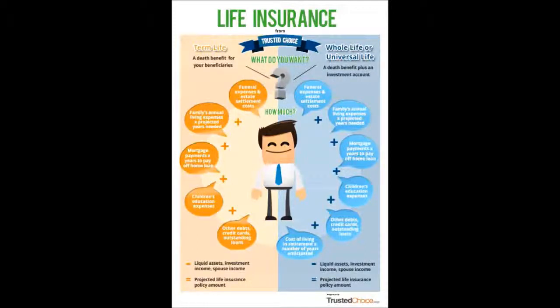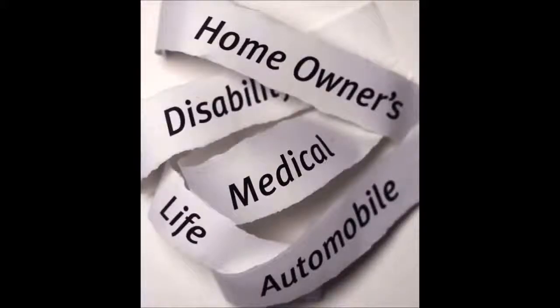Convertibility provisions permit the policy owner to exchange a term contract for permanent coverage within a specific time frame without providing additional evidence of insurability. Lastly, many insurance consumers only need to replace their income until they've reached retirement age, have accumulated a fair amount of wealth, or their dependents are old enough to take care of themselves.